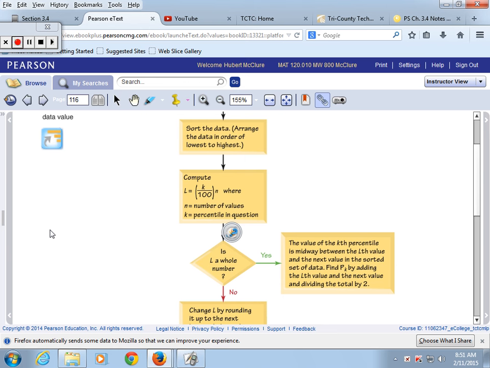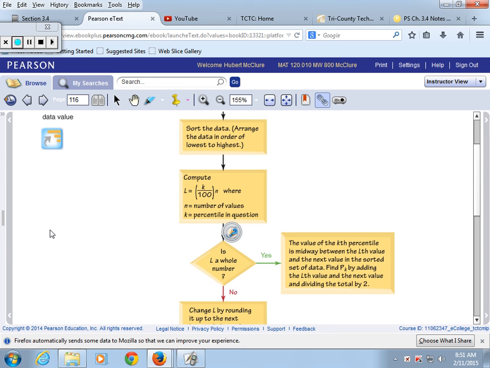Hubert, I thought you just gave us a formula. Yeah. That's when you're given a bunch of numbers. You're given a number, and you're asked what percentile it is. What's this? This one tells you which number is the 50th percentile, or which number is the 30th percentile, or which one is the 33rd percentile, and you got to go in and find the number. So the first one, they give you a number and you find the what? Percentile.